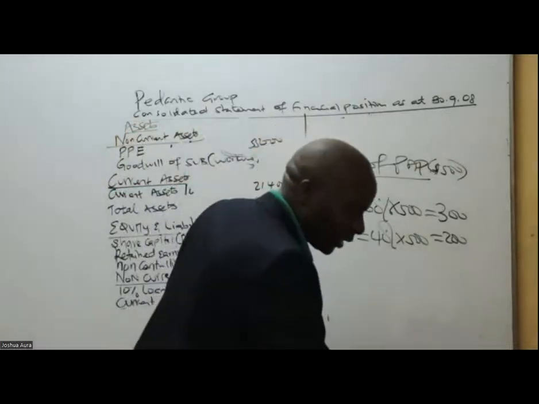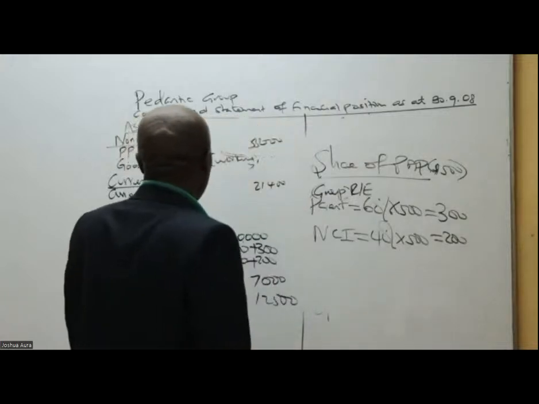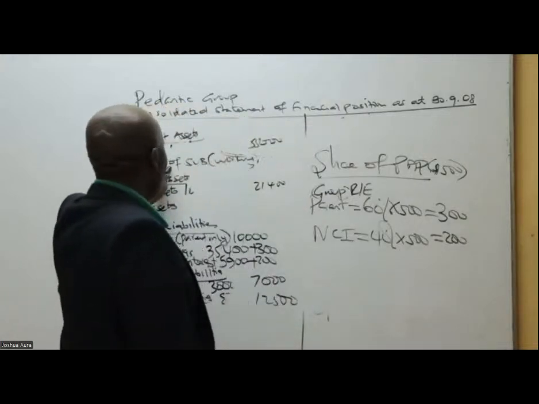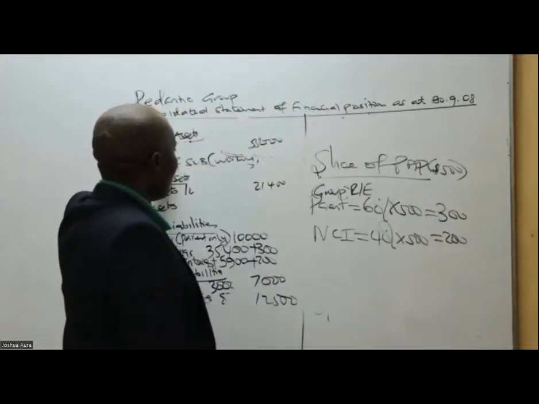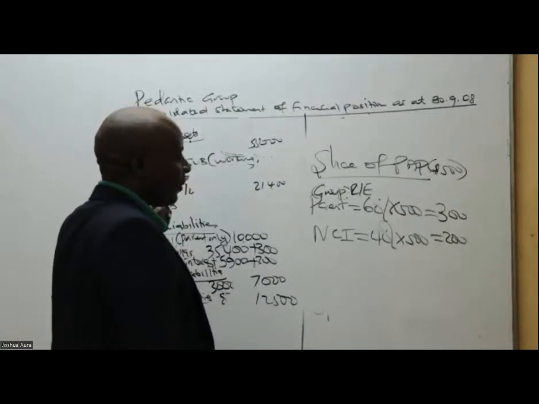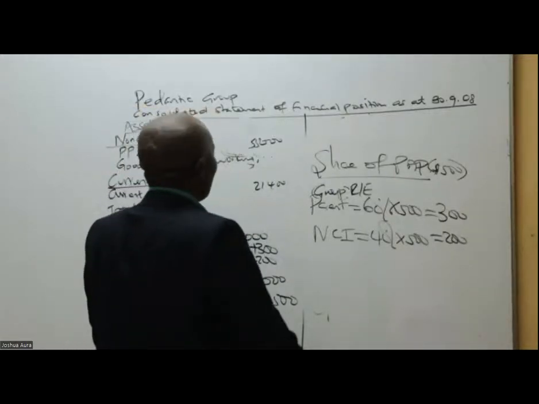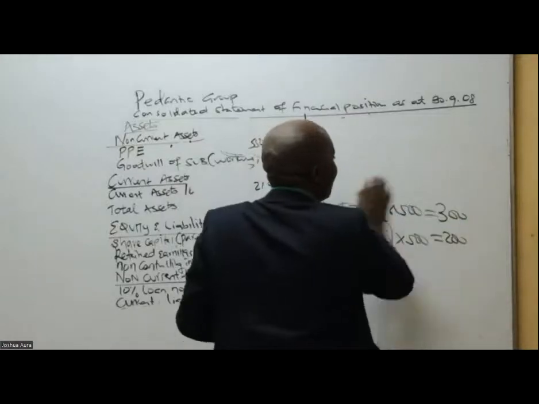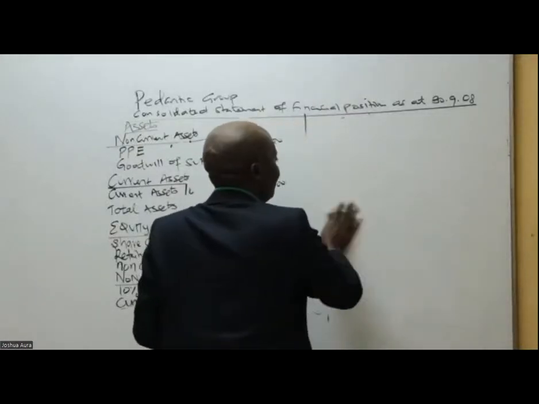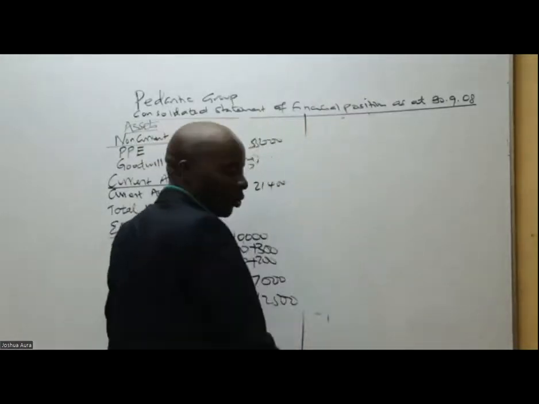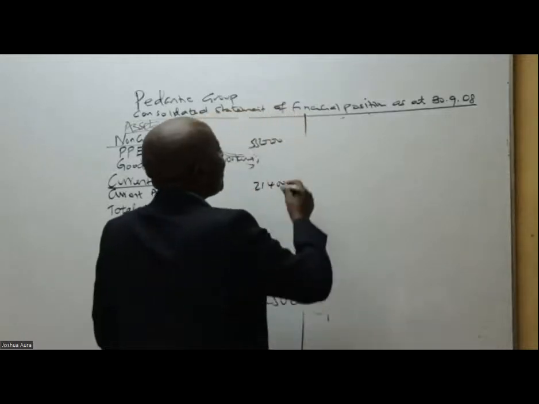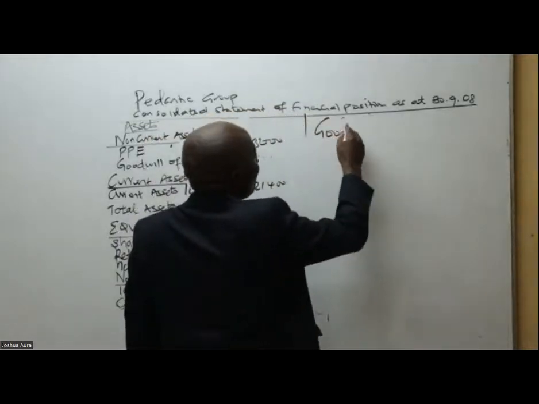So after that, the last working that I need, ladies and gentlemen, now is the working of Goodwill. So how do we get Goodwill? It is very easy to calculate.